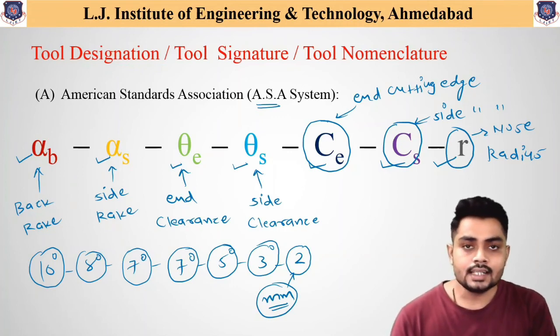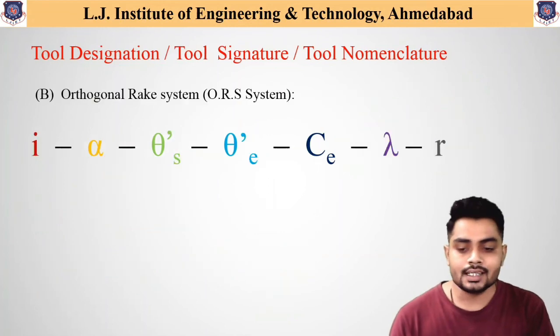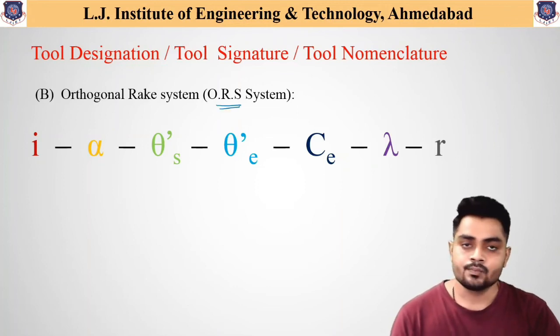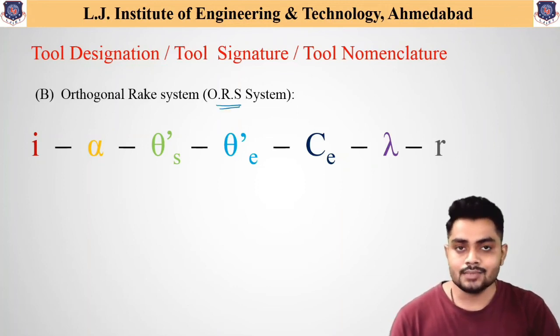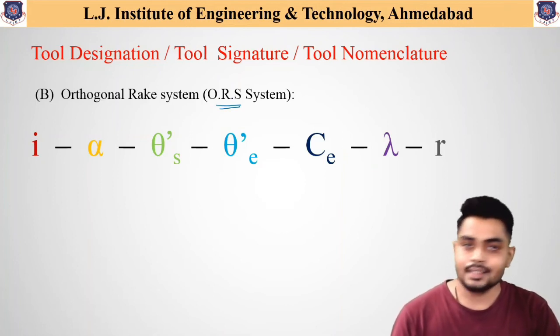Now the next important tool nomenclature is the orthogonal rake system, indicated as the ORS system. In the case of the ORS system, there are again 7 parameters, but the indication of these parameters is different.